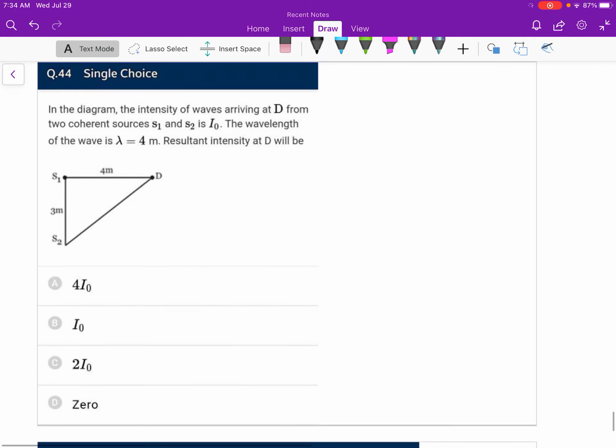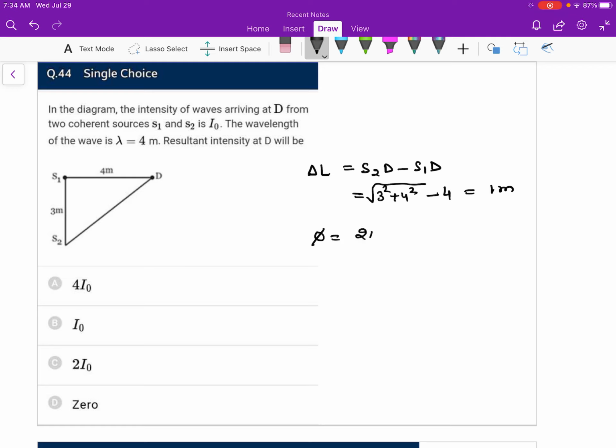Next. In the diagram, the intensity of wave arriving at D from the two sources, each is I naught. The wavelength is this, find the resultant intensity. So guys, this is a good question. Path difference at D is S2D minus S1D. So that is root of 3 square plus 4 square minus 4. That is 1 meter.